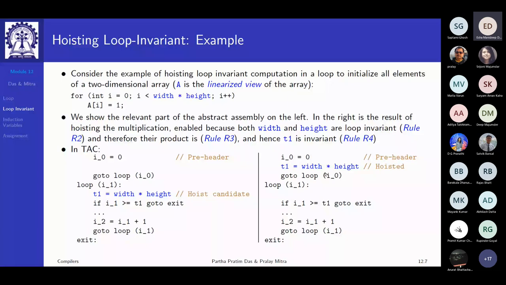Now, please keep in mind that rule 4, the propagation rule, could be far more complicated in general than just an assignment. For example, suppose we are doing something on a string, like searching for an element in a C string.